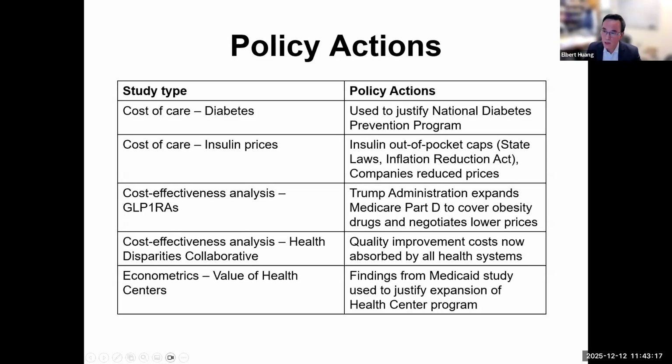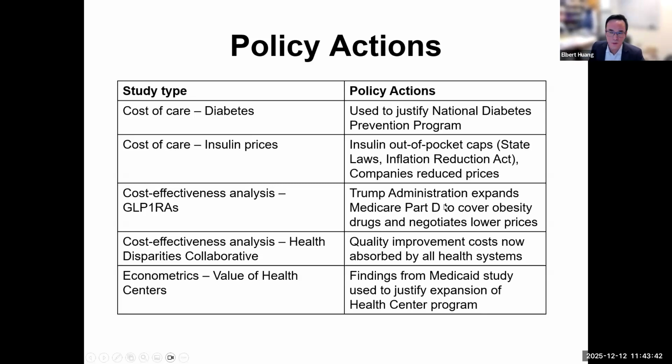Now, don't think that they're doing this because they're being nice. They were transitioning to other drug products that they were also producing at the same time and did realize that they were not going to make that much money from insulin. The more recent paper I showed you on GLP-1 RAs, this is kind of crazy, but the Trump administration actually had contact with Jennifer and David throughout the summer, asking questions about our paper.